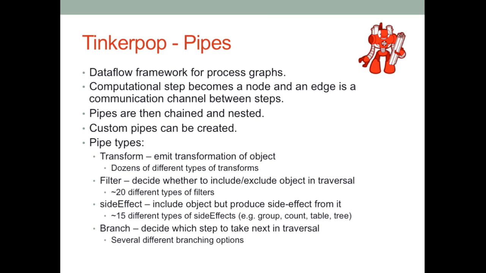And there's quite a lot. I think I counted around 20 different types of filters that you can use as you're traversing. There are about 15 different kinds of side effects, and aggregations, grouping, counting, tables and trees. So there's a lot there.